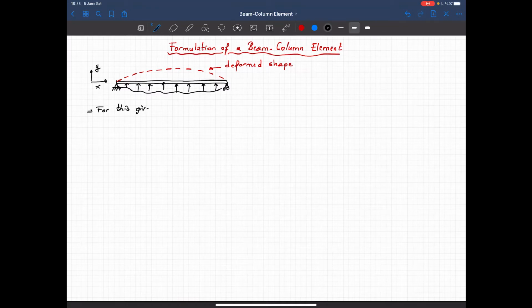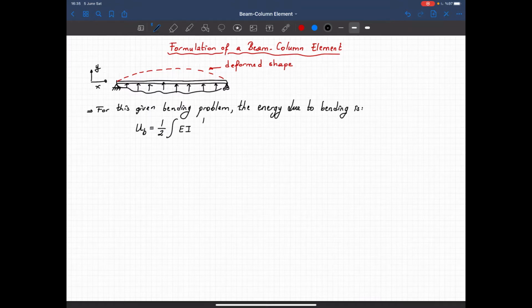So for this given bending problem, the energy due to bending will be equal to 1 over 2 EI d square V dx square dx, where V represents the transverse displacement.